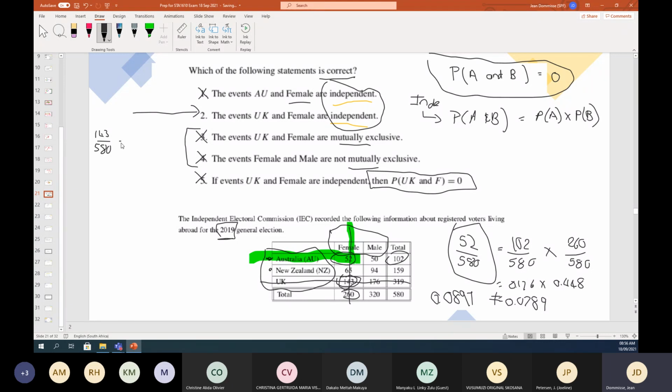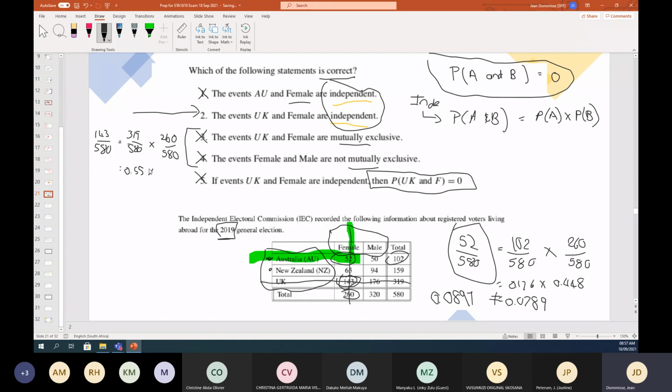So we say that must be equal to the UK, that is 319 divided by 580, times the female, and that is again 260 divided by 580. So let's see if that gives us something different. 319 divided by 580 gives us 0.55.